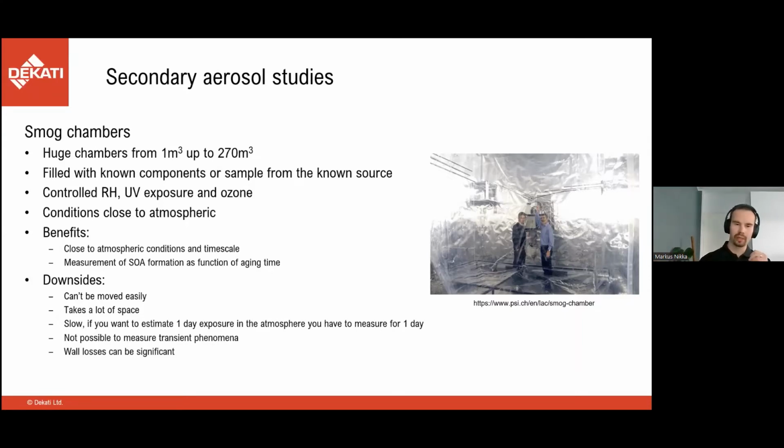And one important thing is that different kinds of wall losses of particles and wall losses of precursors can be significant in this kind of reactor, as the measurement takes such a long time.